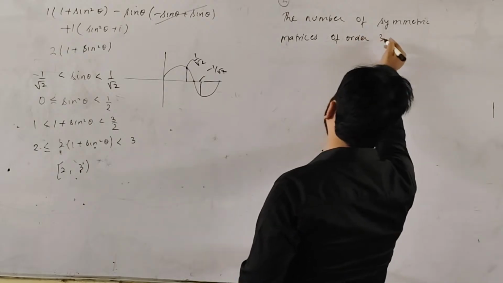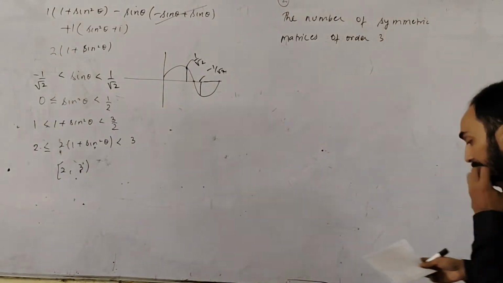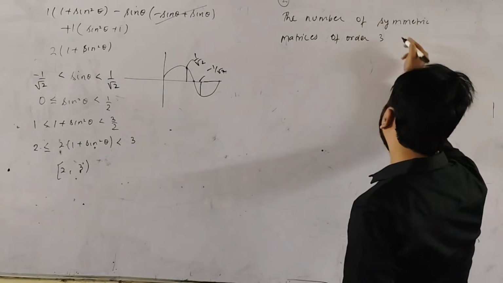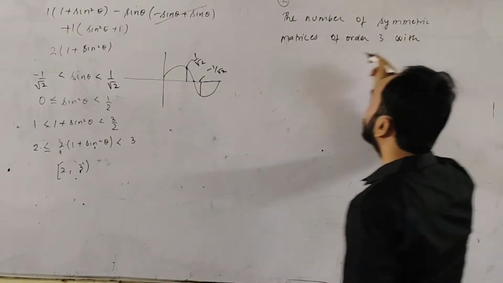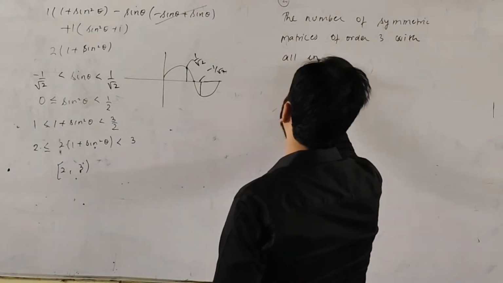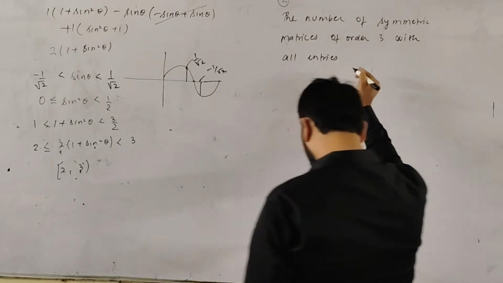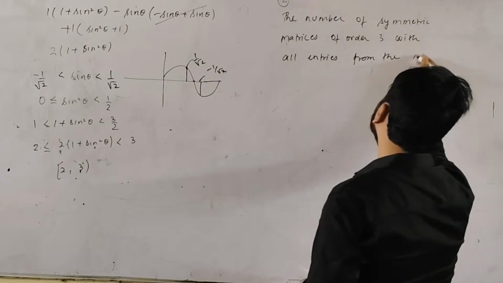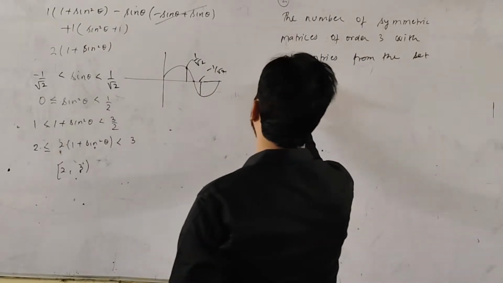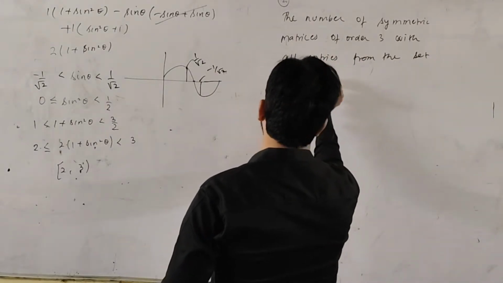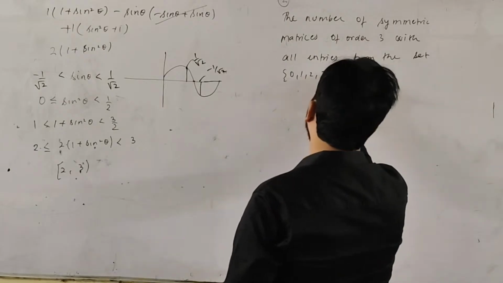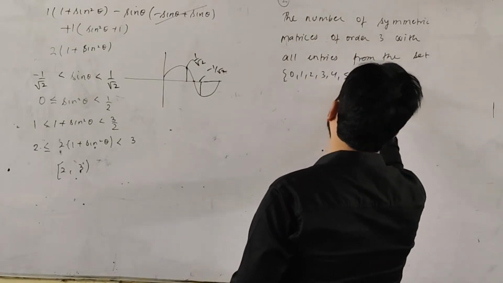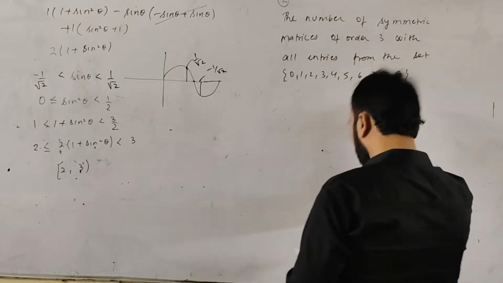Of order 3 means it should be a 3 cross 3 matrix, right? With all entries from the set, and what is the set given? The set is given as 0, 1, 2, 3, 4, 5, 6, 7, 8 and 9, correct?